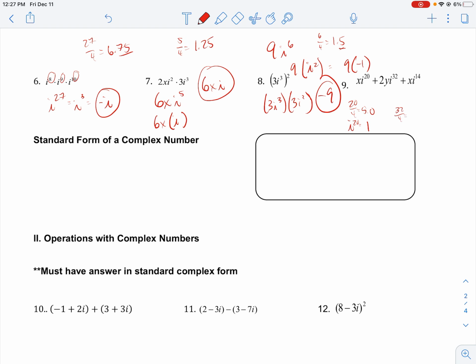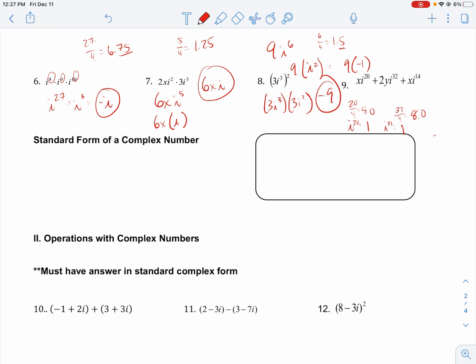32 divided by 4, well, that's going to give me 8. So 4 times 8, and the remainder is 0, and so again, i to the 32nd is just equal to 1.